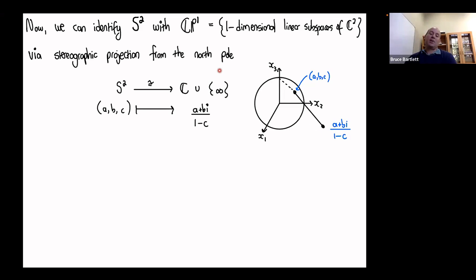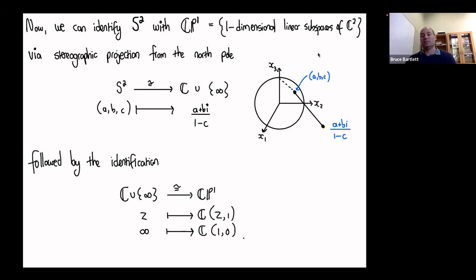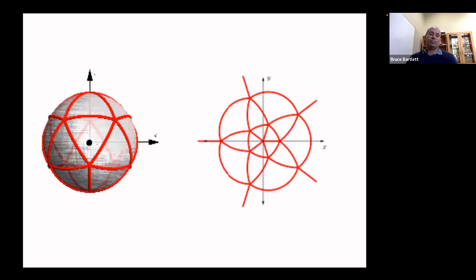And that point on the complex plane, I can think of as living inside complex projective space. I can add the point at infinity that would account for the North Pole as well. I can get into projective space by just saying if it's a complex number, I send it to this linear subspace of C2. And if it's infinity, I send it to this linear subspace of C2. This is a standard identification, but I'm just making it clear that I need to do that.